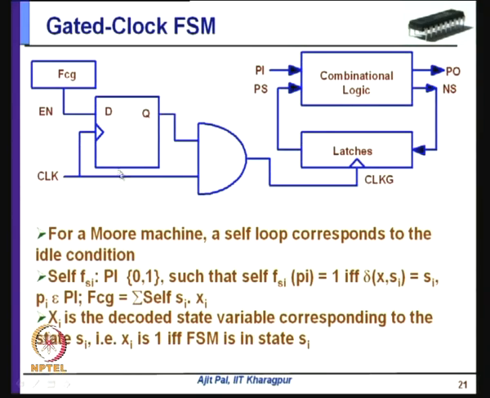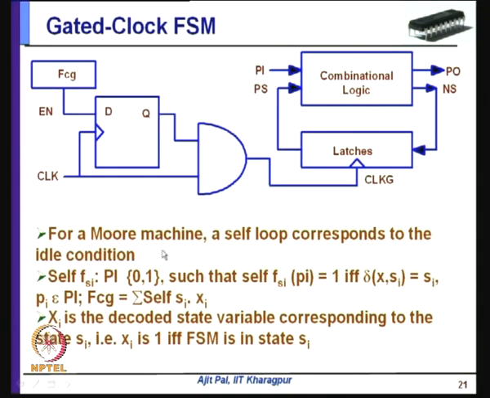However, what has been done here? Here you have got a circuit FCG which identifies when clock can be gated for this finite state machine, and then it does not allow the clock to be applied to this circuit whenever transitions are not necessary.